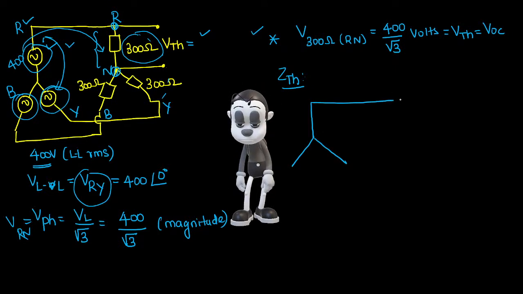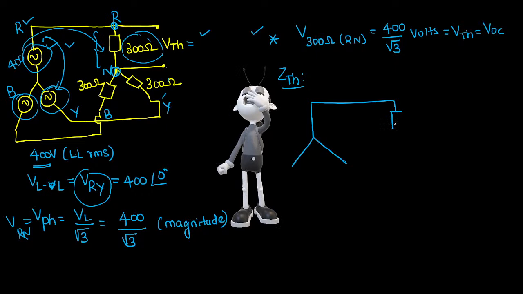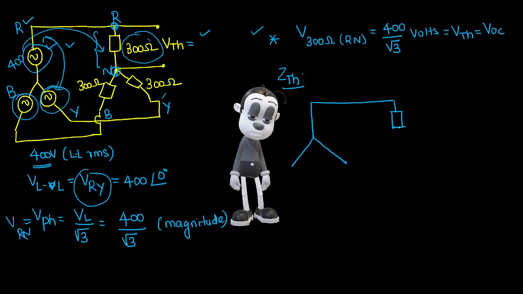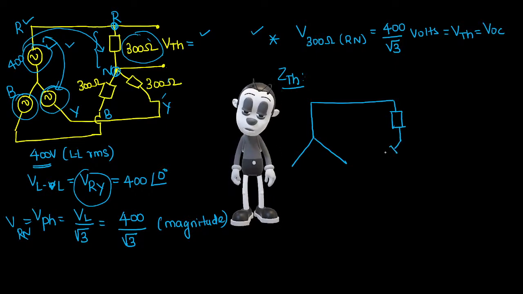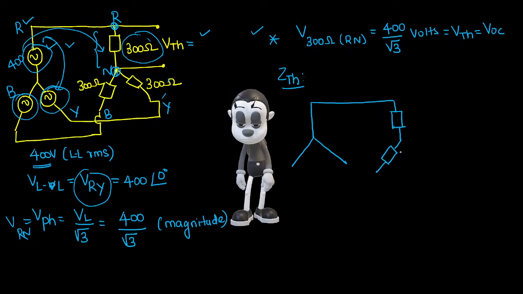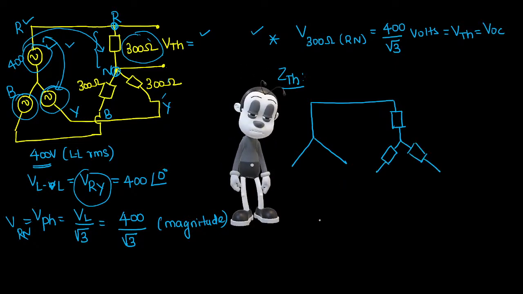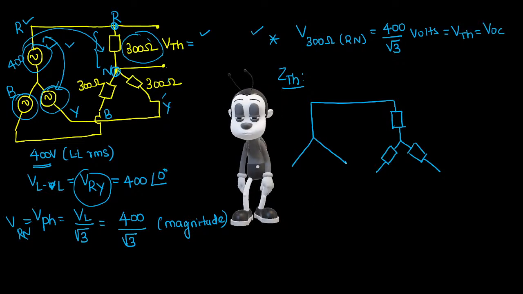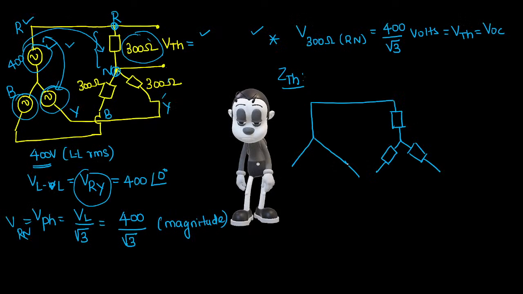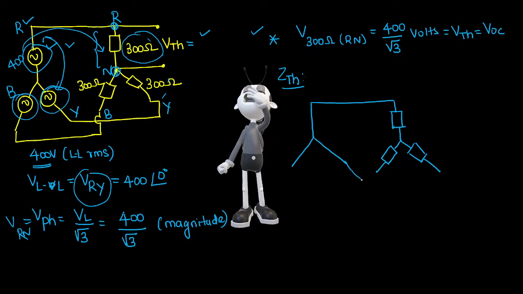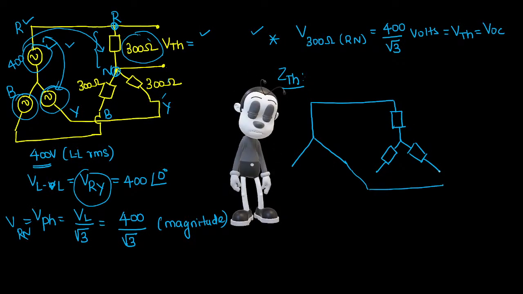So let me redraw the circuit again for your understanding. After short circuiting, this is how our circuit will look. Then what can we do? So we know, this line will be connected with this one.